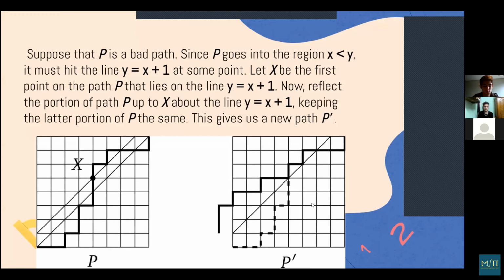And notice a few things about P prime, right? A, it starts from -1, 1, and B, it ends in n, n, and C, this path, or at least generalization of this entire path, is every permissible path from -1, 1 to n, n using only up steps and right steps, right?